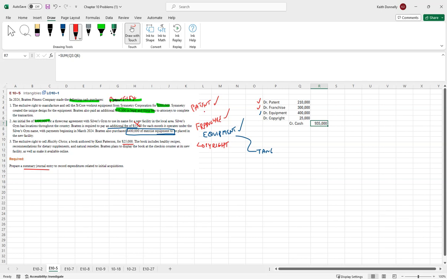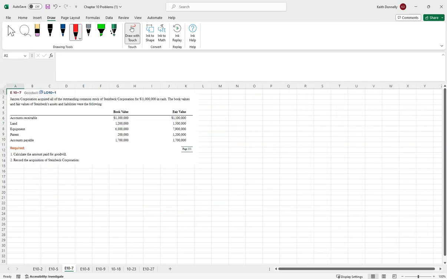The ongoing fee with that, we don't do anything with. Later on, we'll expense it as we incur it, but right here, when we're figuring out acquisition costs, it isn't part of the franchise. And then the copyright, easy peasy there, 25 grand, that's what we paid for it. So this would be that summary journal entry you would do on there.